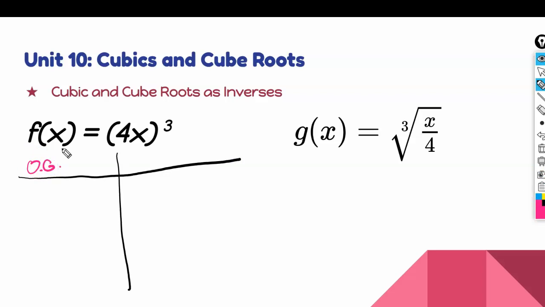Okay, so what I'm seeing is a cubic. I'm seeing the parentheses with the exponent of 3. That is a cubic. Then I'm seeing a 4 multiplied inside.